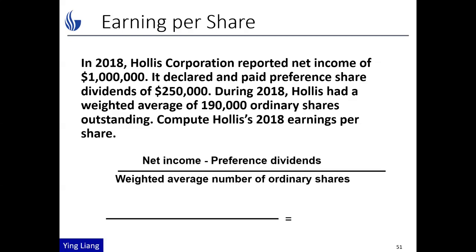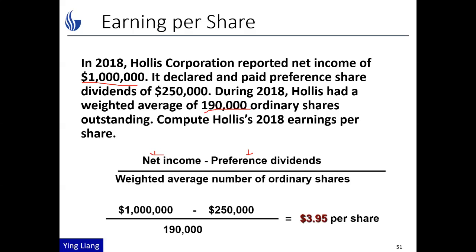We know net income, which is $1 million. This is this part. And we know that preference share dividends are $250,000. That's this part. And then we also know the denominator is 190,000. So we simply plug them in, and we get 3.95.